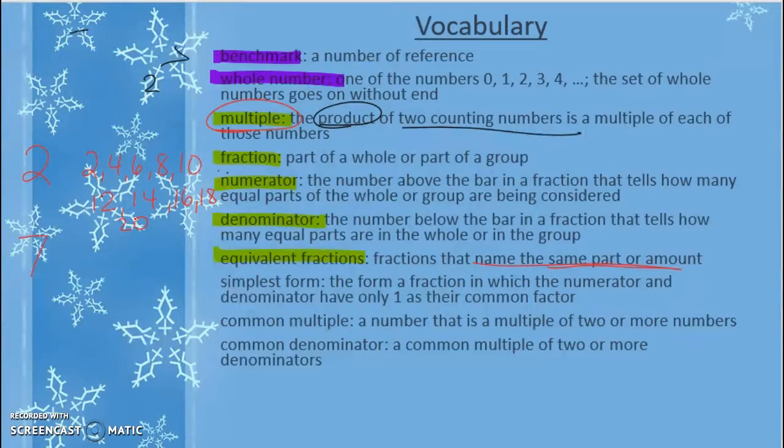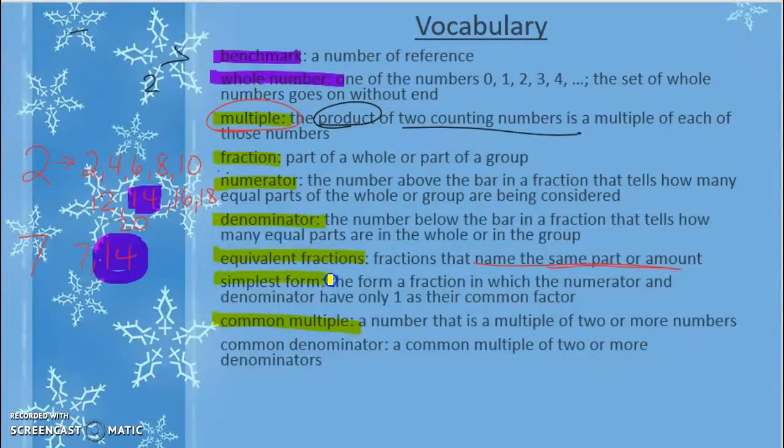Let's stop there. And then for 7, let's write just a few until we find one that matches a multiple that we had for 2. So let's say 7, 14. Oh, we're ready to stop. Here we have the same multiple, 14 and 14. So the least common multiple, or a multiple that 2 and 7 have in common, is the number 14.